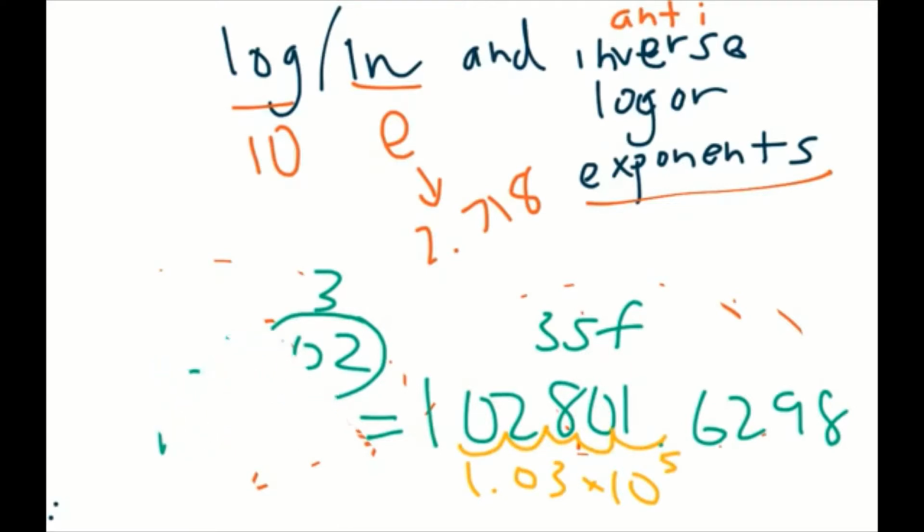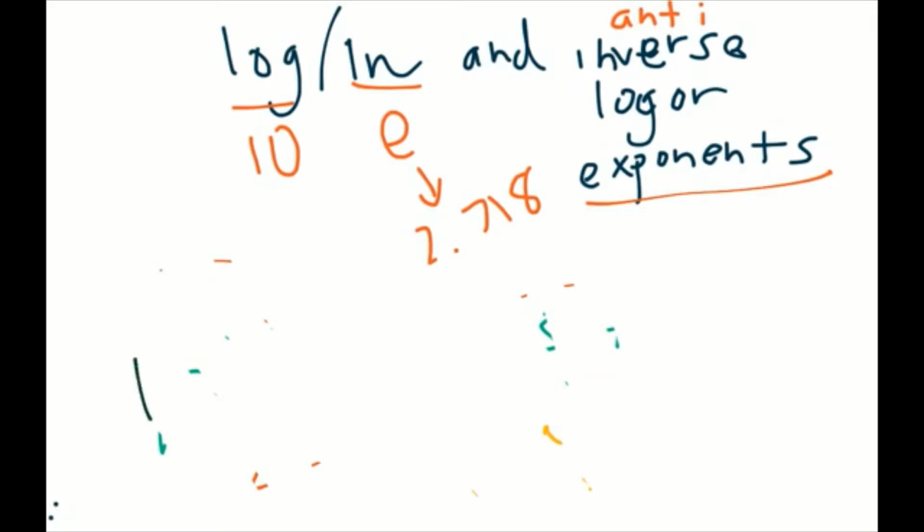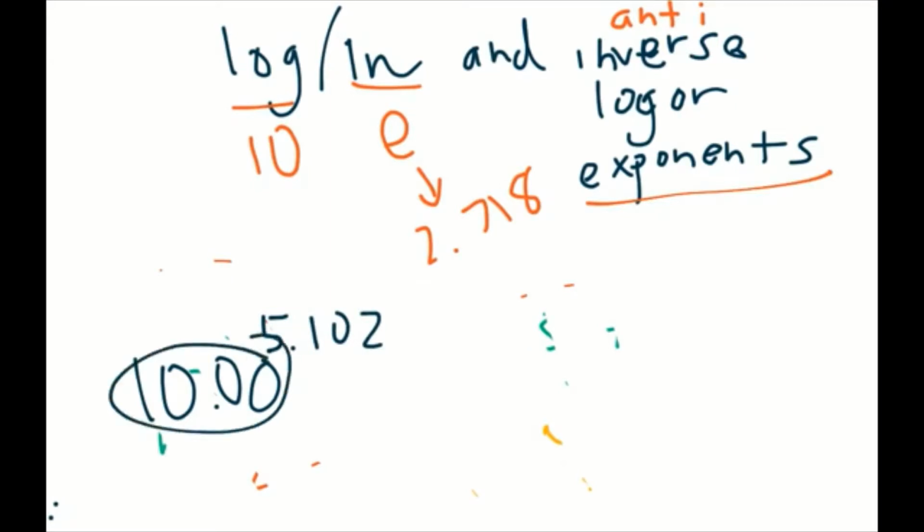So let's try another example. So let me just do some fine erasing once again and use a different color. This time I'll use black. What about 10.00 to the 5.102? Do the two decimals after the decimal in this affect the number of sig figs in our final answer?